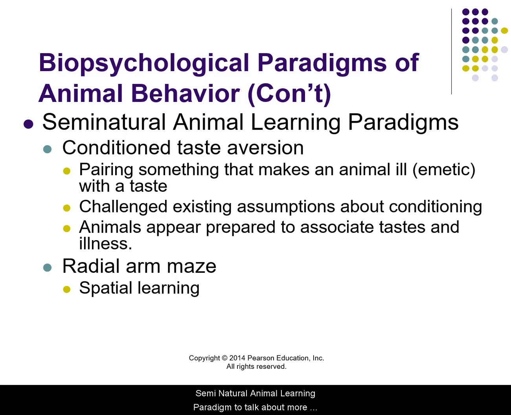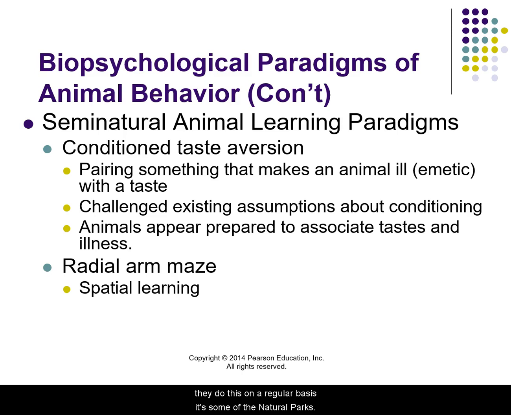Semi-natural animal learning paradigms, I talked about more of an open field idea, but taste aversion is a good one too. This is where an animal is given an emetic, right, which is a drug that causes illness, and then the predator will stay away from that animal.